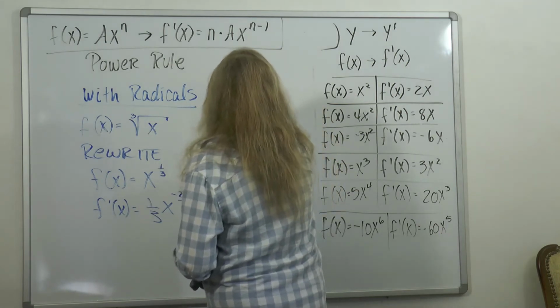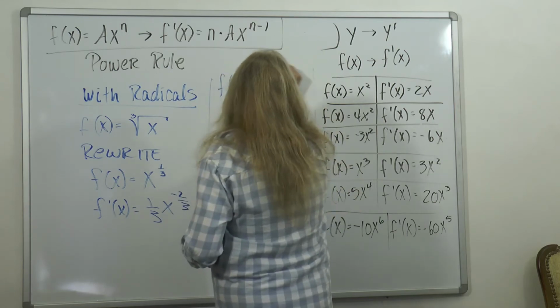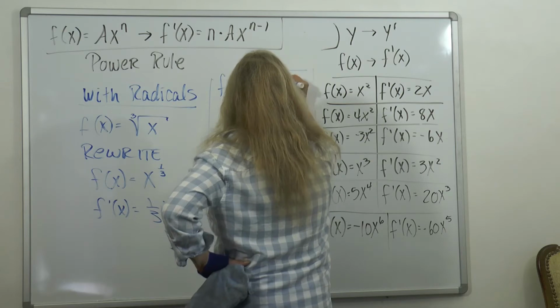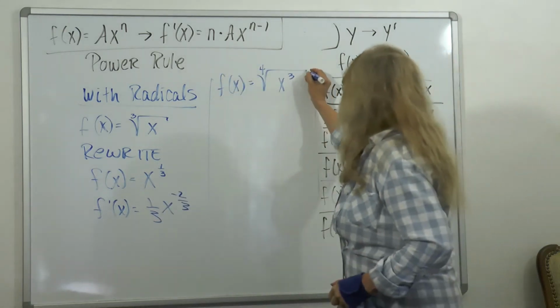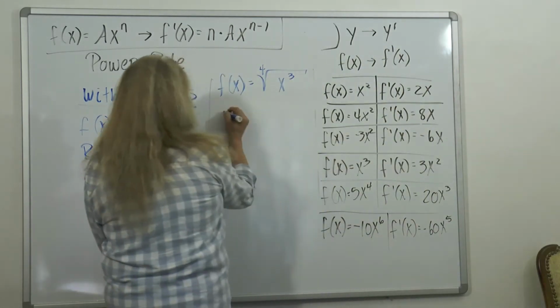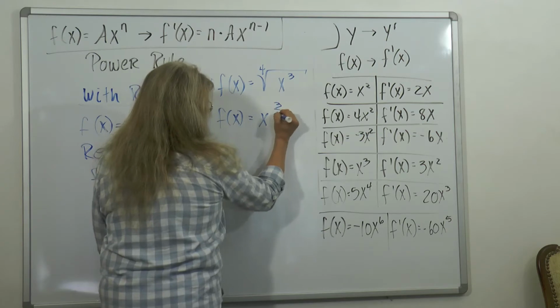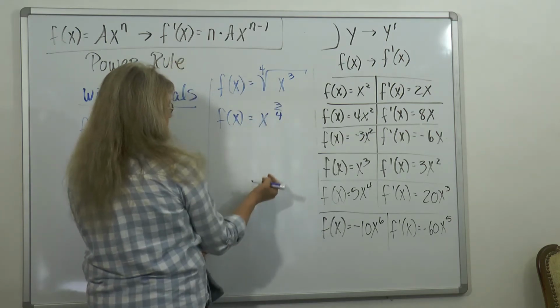Okay, so what about if I have the 4th root of x to the 3rd? Okay, if I rewrite this, it's going to be f of x is equal to x to the 3/4 power. Okay, exponent on the top, root on the bottom.